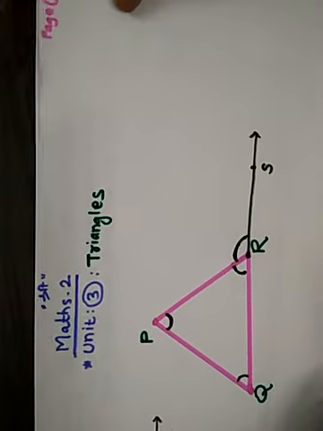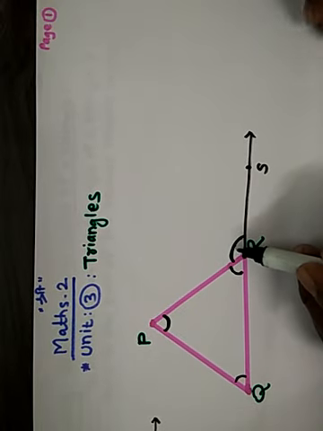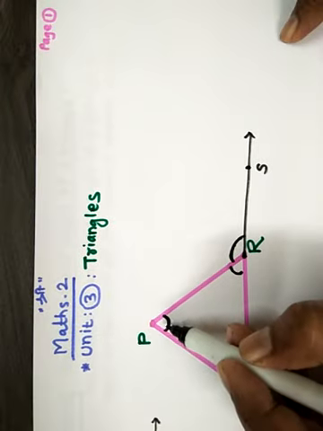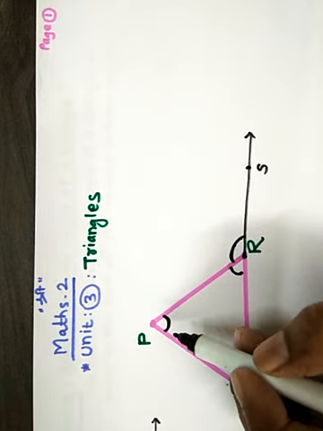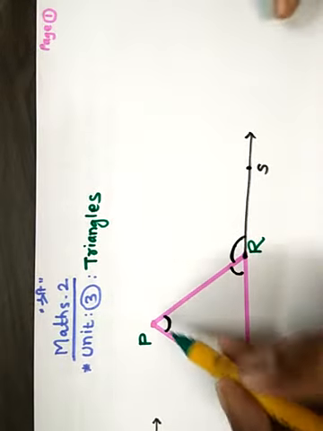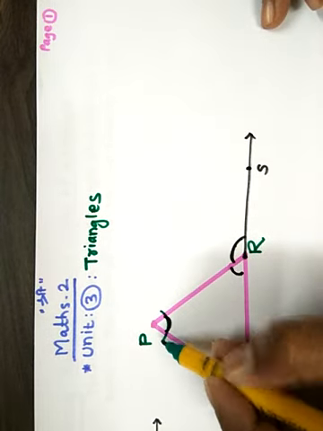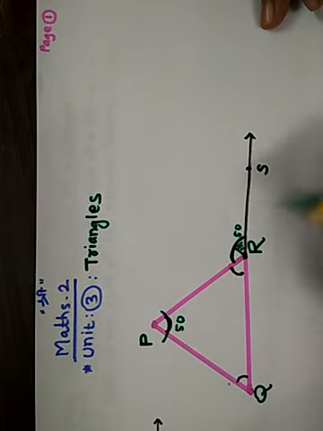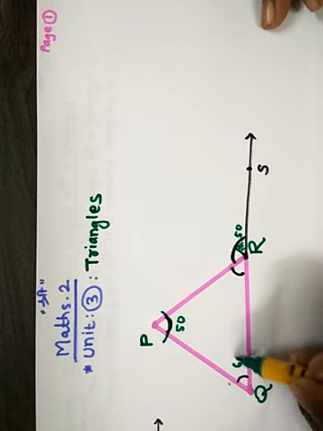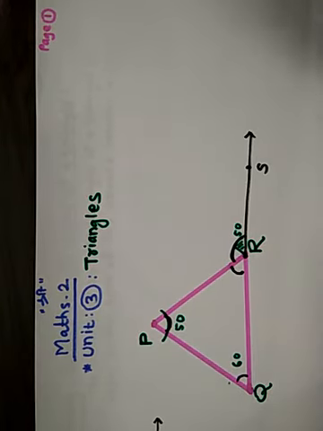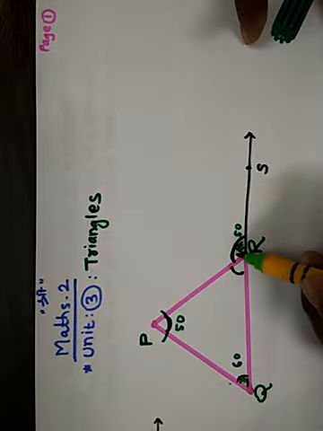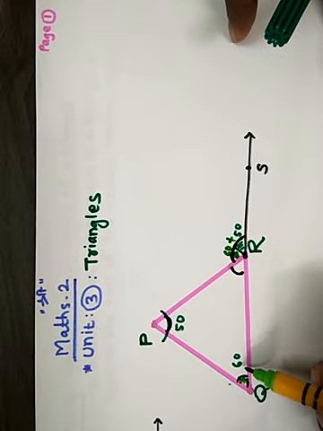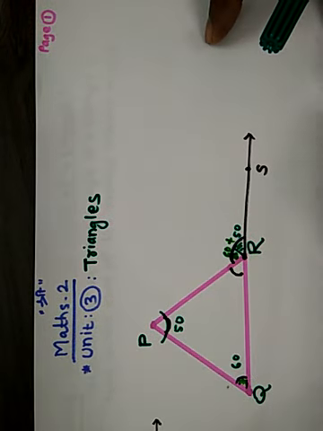See again that property: the measure of this exterior angle is the sum of these remote interior angles. If we cut this remote interior angle and put it here, if the measure of this angle is 50 and the measure of this angle is 60, and we put this 60 here, the sum of these two, 50 plus 60, together gives the measure of this exterior angle.